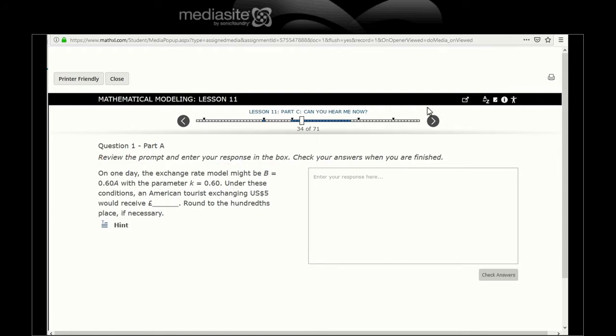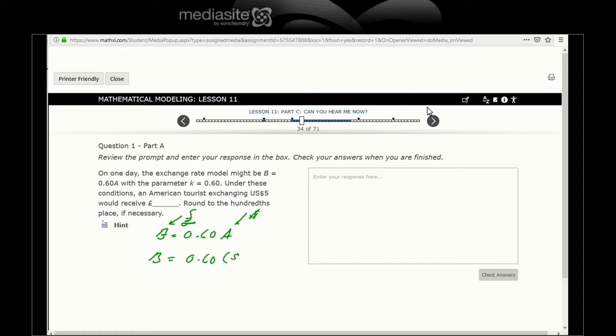View the prompt. On one day, the exchange rate model might be B equals 0.60A, with the parameter K equal to 0.6. Under these conditions, American tourists exchanging 5 US dollars will receive how many pounds? Okay, again, B equals 0.60A. That's pounds. Here's dollars. So pounds should be 0.60.